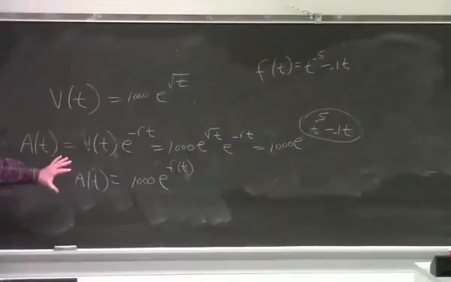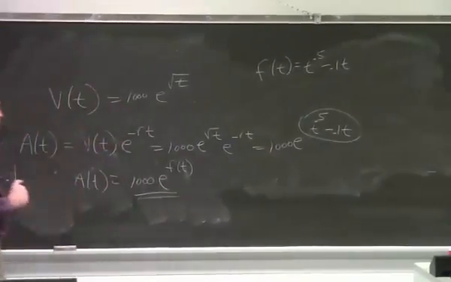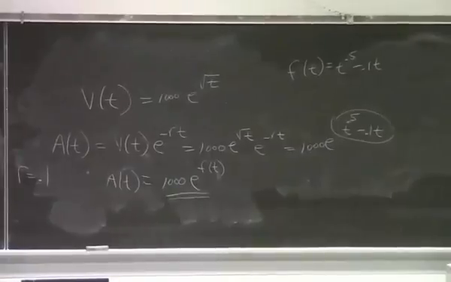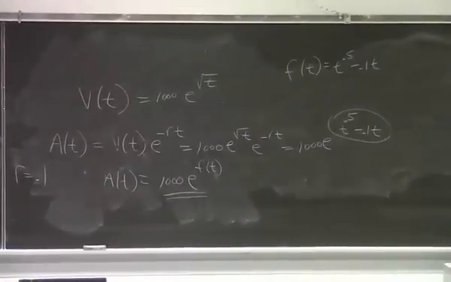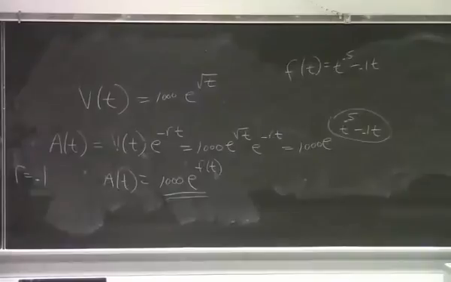Now, when you have an equation of this form, some constant times e to the f of t power, the derivative of that with respect to time is just 1,000 times f prime of t times e to the f of t. So our first order condition is just this.